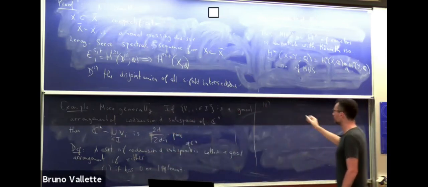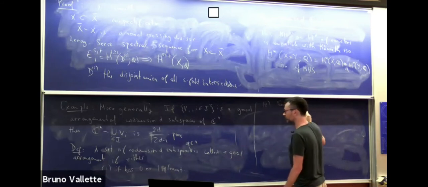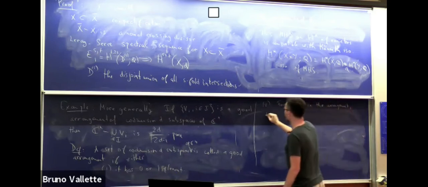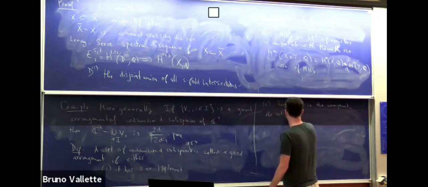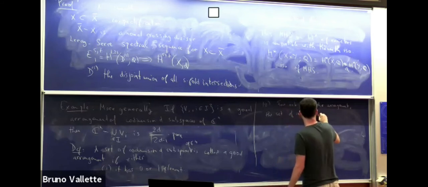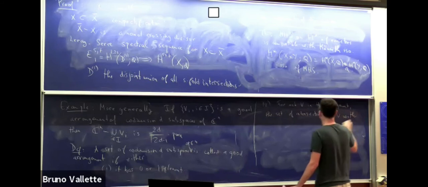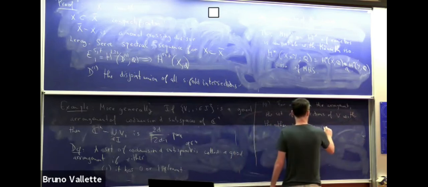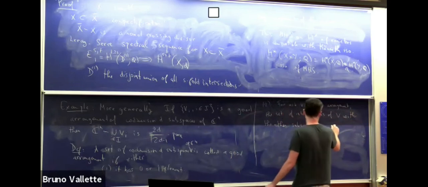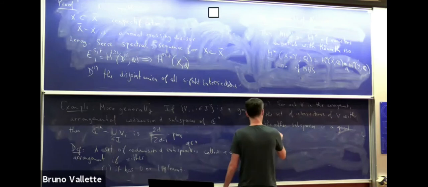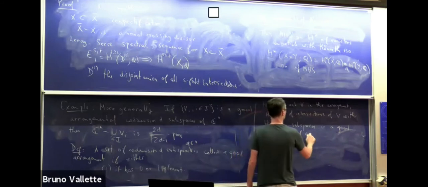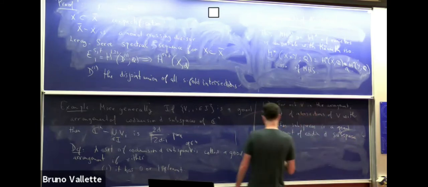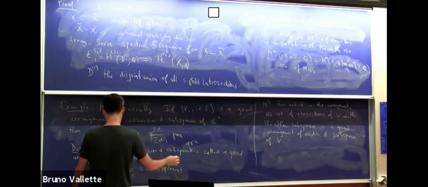Condition 2 is for each V in the arrangement, the set of intersections of V with the other subspaces is a good arrangement of codimension d subspaces of V. Maybe I should have said this is only defined if my set is finite.